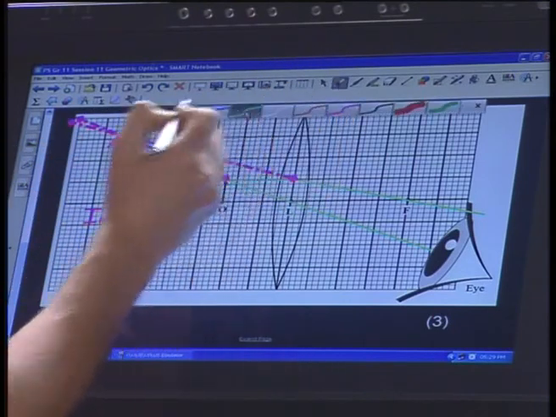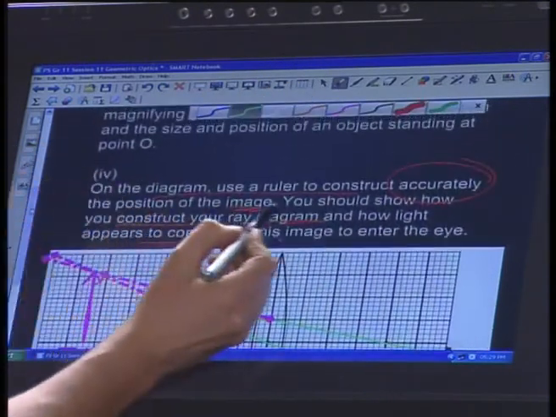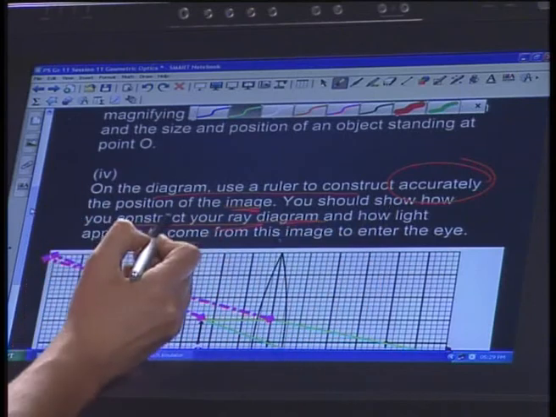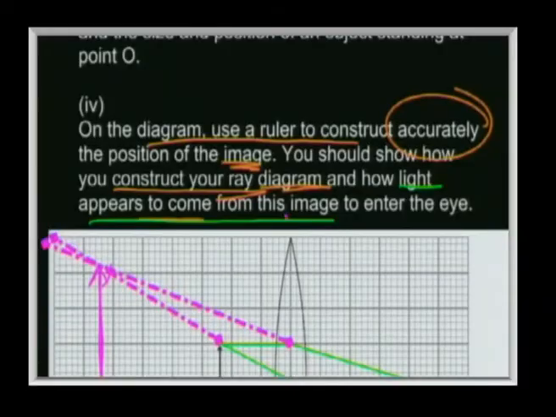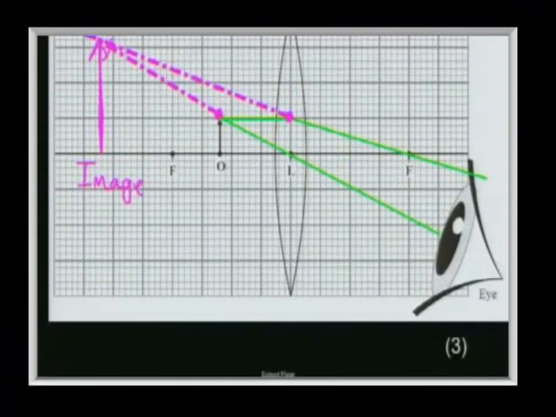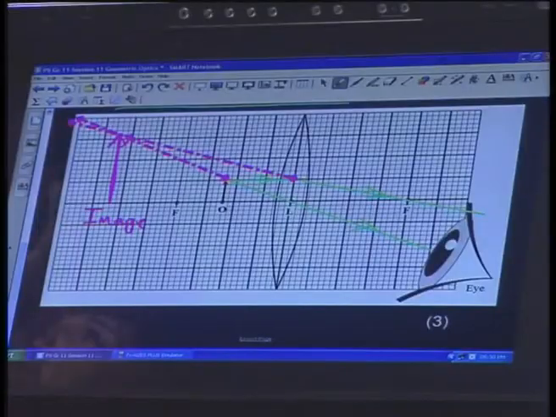The question asked specifically that we indicate over here how the light appears to come from this image to the center of the eye. So we would draw the arrows indicating the direction in which the light rays travel. Please note over here that I don't draw arrows on the light rays that I've extended backwards.